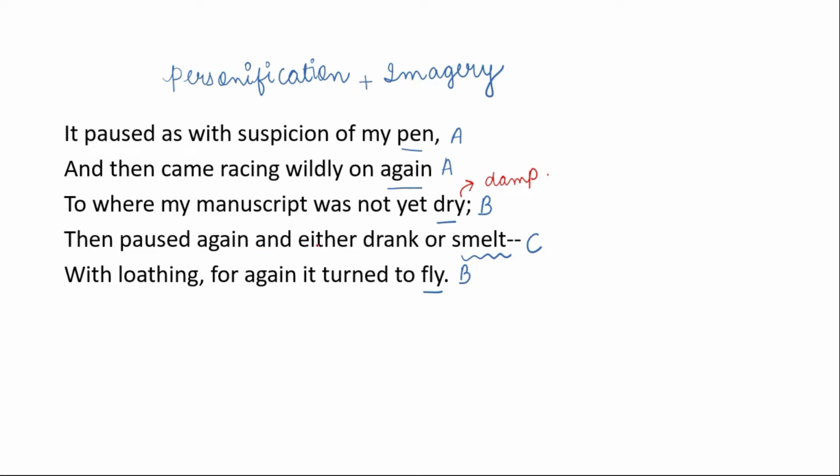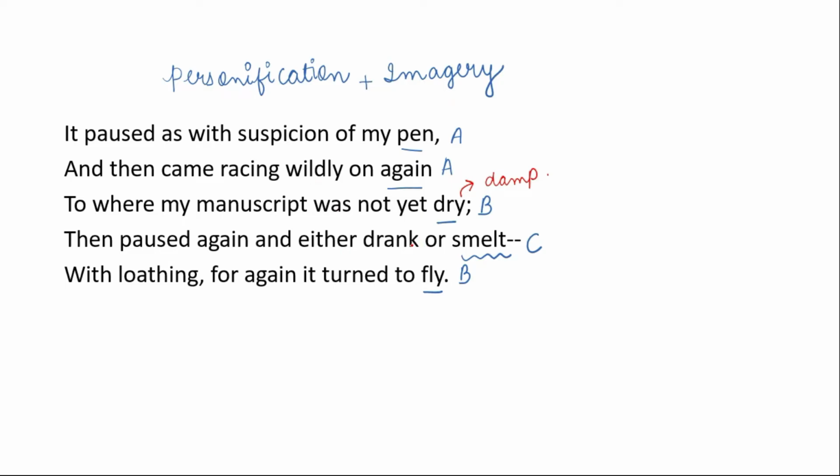Then paused again and either drank or smelt with loathing, for again it turned to fly. Okay. So then it paused again. See how elaborately the poet has described the movements of the mite. And again, drank or smelt.